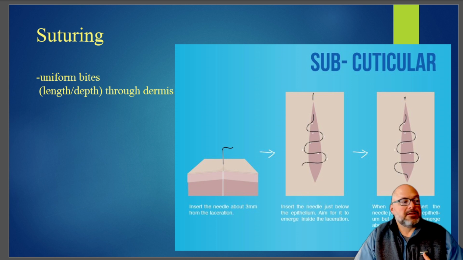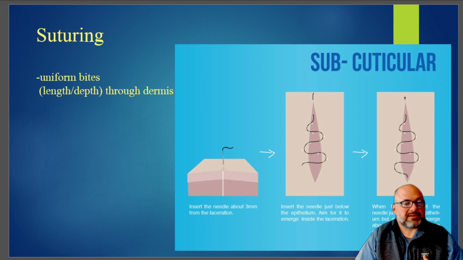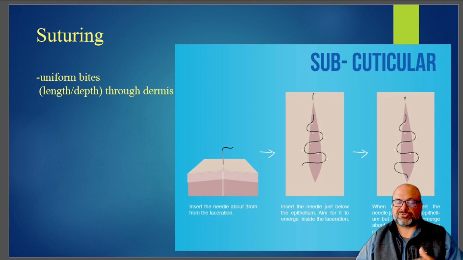All right. So we had talked about the two-layer closure of subcutaneous and then the skin above. So this is a subcuticular closure, which again, I'm sure most of you have seen and probably most of you have done yourself.